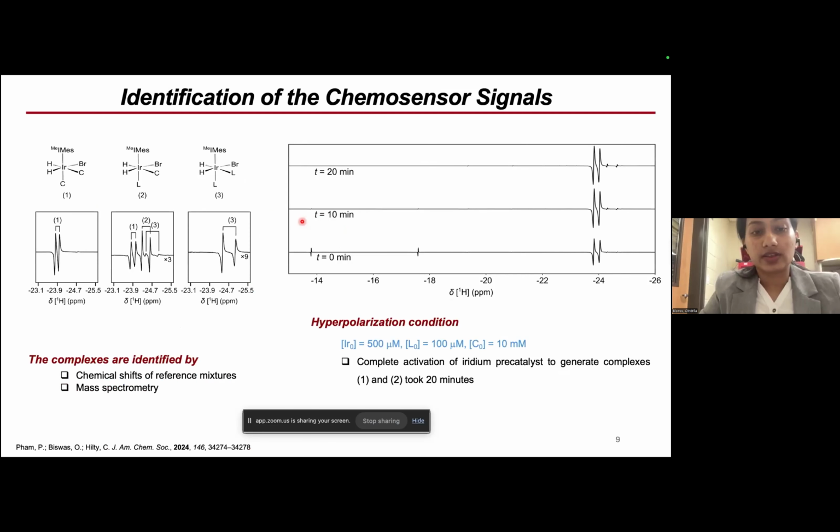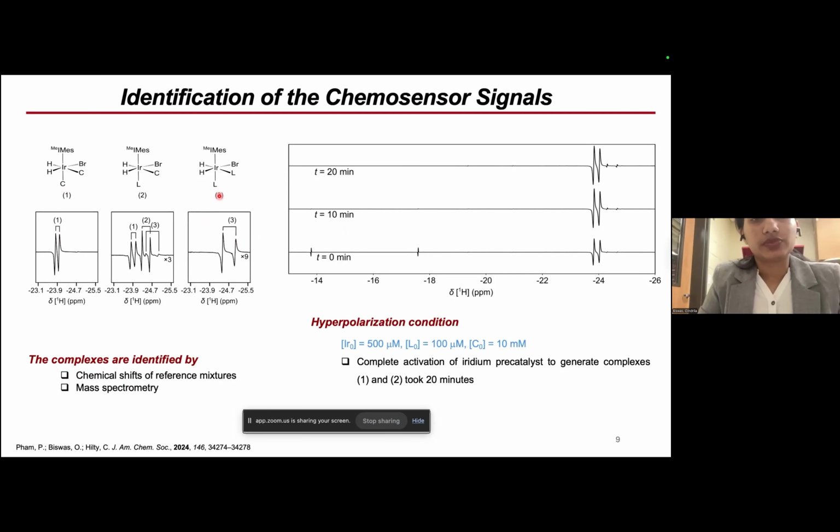So we got 2 sets of hydride peaks. Now to know which set of hydride peaks is for which complex, we took 3 solutions. In one, we took the SABRE pre-catalyst and the co-ligand and found out from the chemical shift that it corresponded to complex 1. In another solution, we took the SABRE pre-catalyst and only the ligand and found out the chemical shift of the complexes, which corresponded to complex 3.